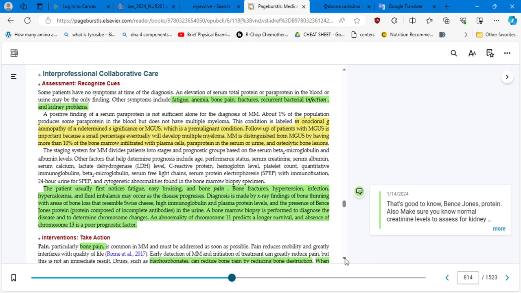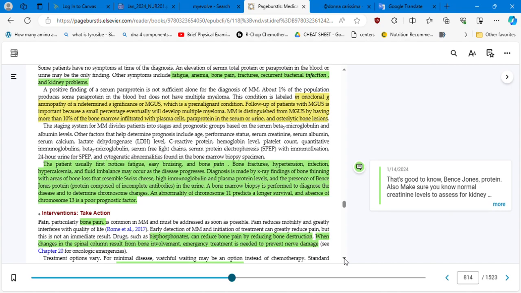So assessment: the patient is going to present to you with fatigue, anemia, bone pain, sometimes fractures, recurring bacterial infection, and kidney problems. Okay, and the infections are going to be from the problems in the cells, the pancytopenia. As I mentioned, if the patient is positive for MGUS, which is the monoclonal gammopathy of undetermined significance, they are going to be positive for multiple myeloma.